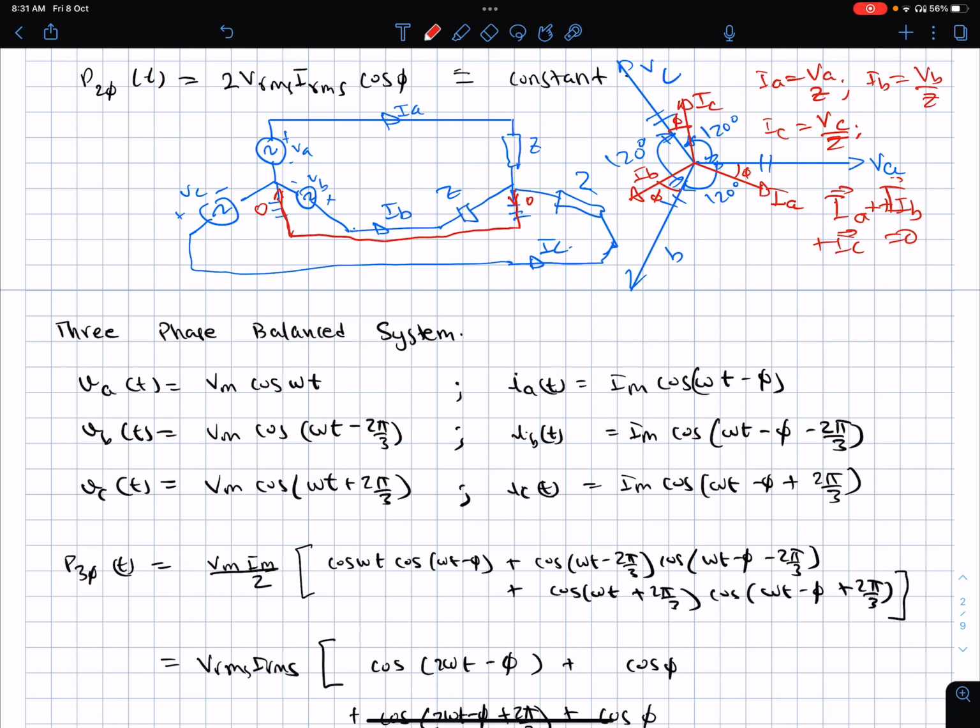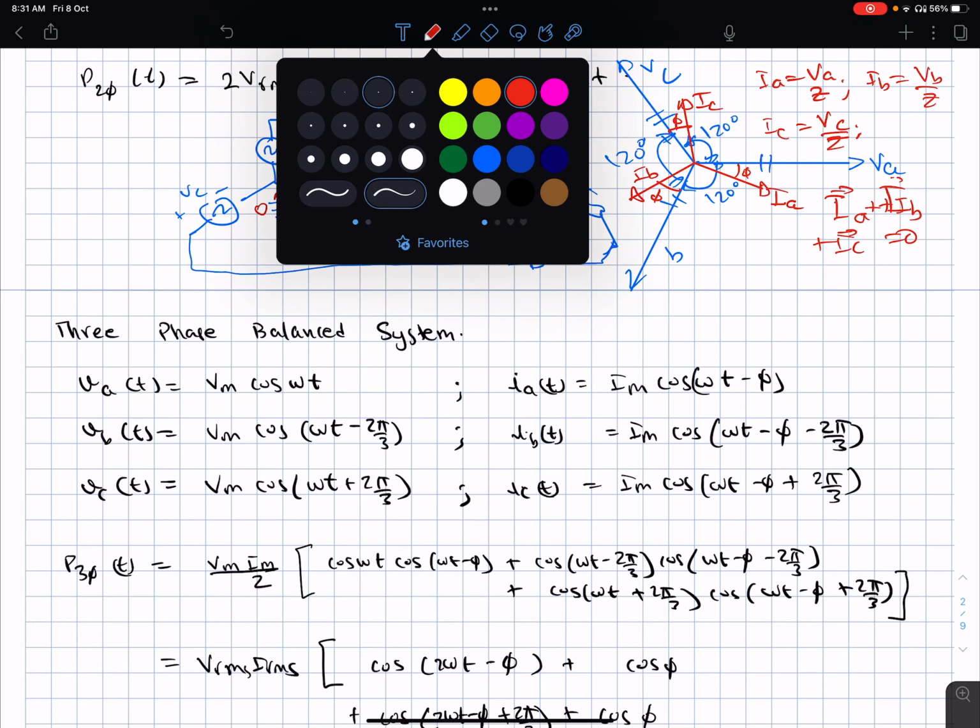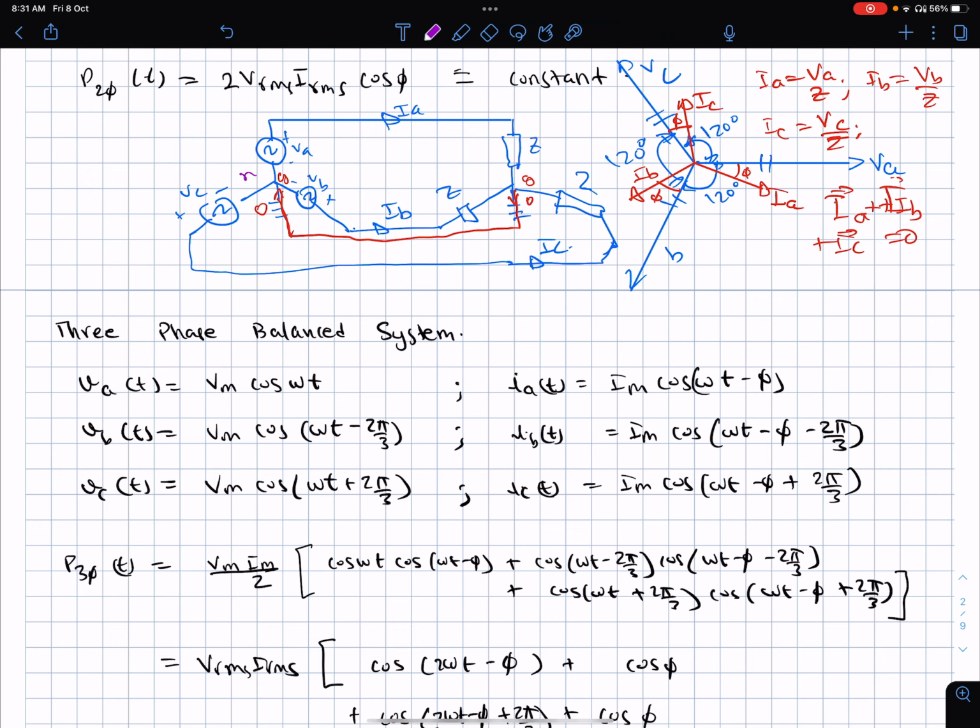Then in that case we don't mark it as G and G. We will mark this neutral as N1 and this neutral as N2, and the wire can have a neutral resistance or impedance, or if we neglect it, then Vn1 is equal to Vn2.